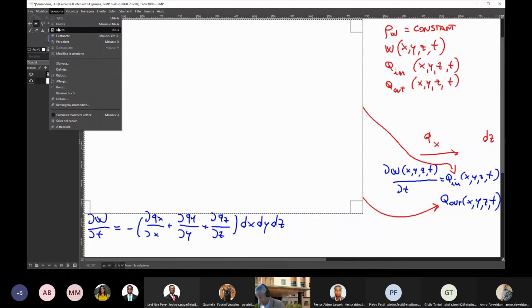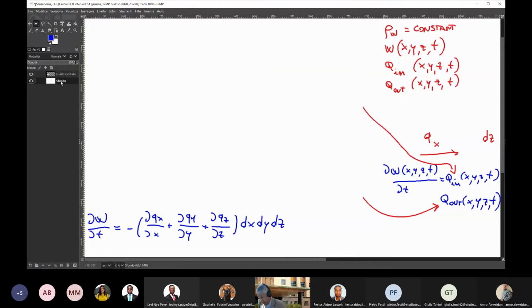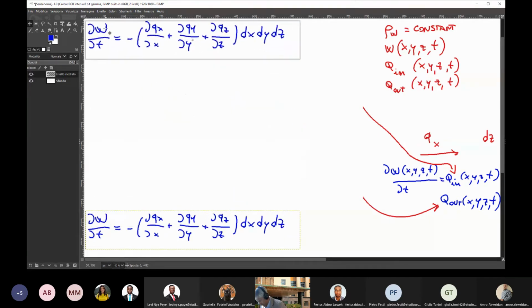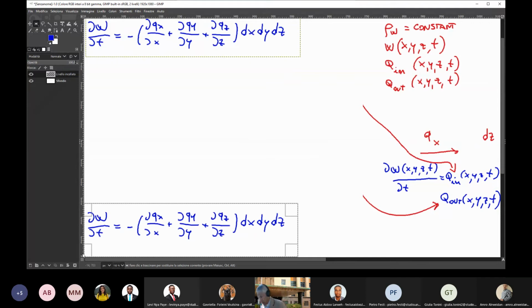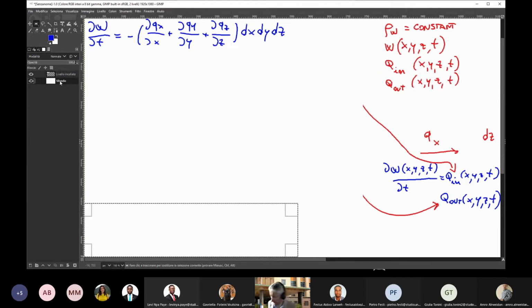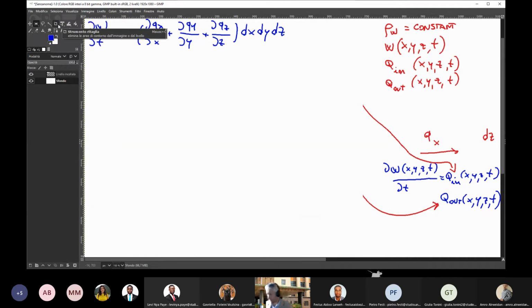Good. And let me now bring this equation up. Very good. And let me delete this. Oops, sorry. Let me delete this. Okay, perfect. Very good. Now, let me introduce a definition, and the definition I want to introduce is that of volumetric specific storage.